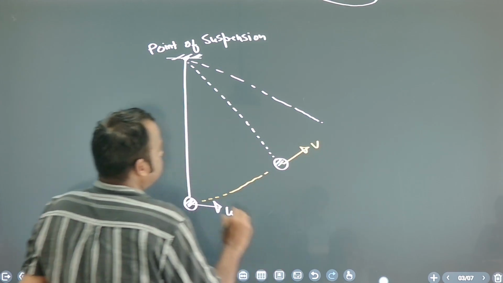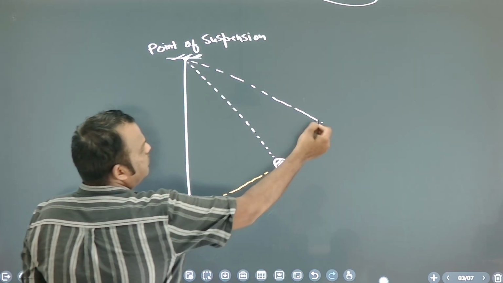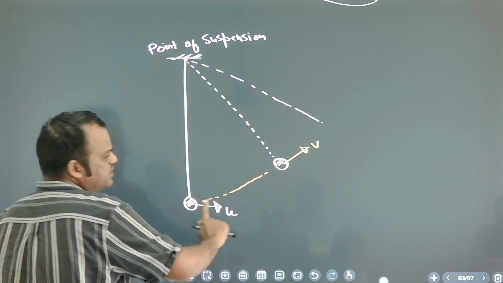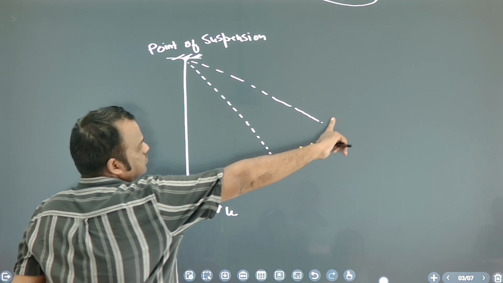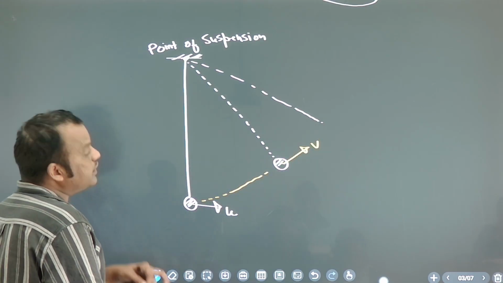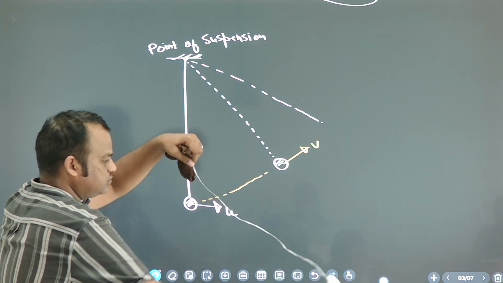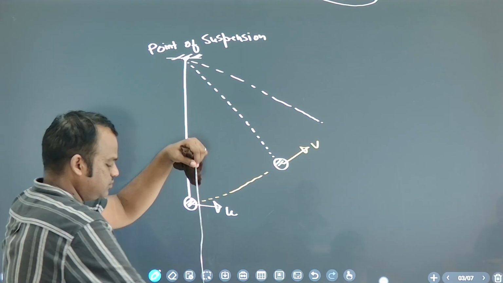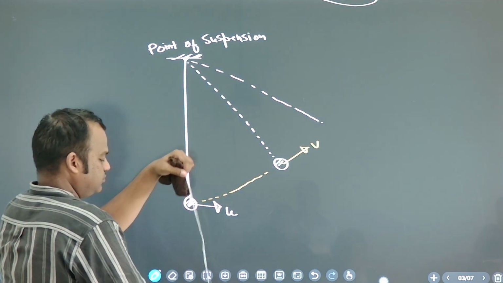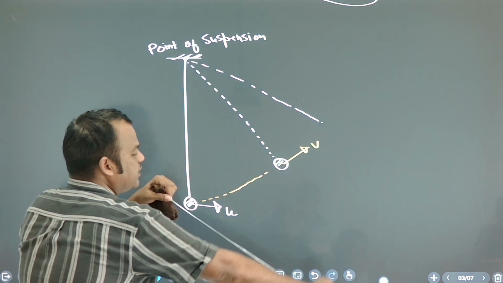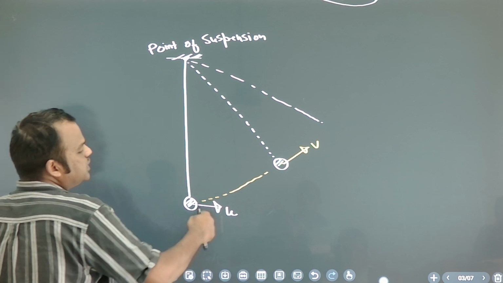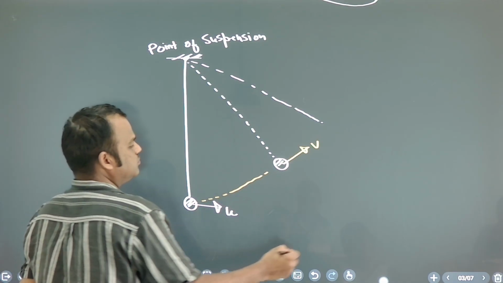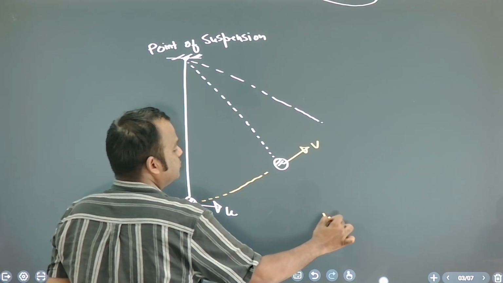V. And maybe further it will go, velocity will be less. The speed is increasing or decreasing? Decreasing. See, the speed is maximum here. Here 0. Decreasing, decreasing. So which is greater, U or V? U is greater.